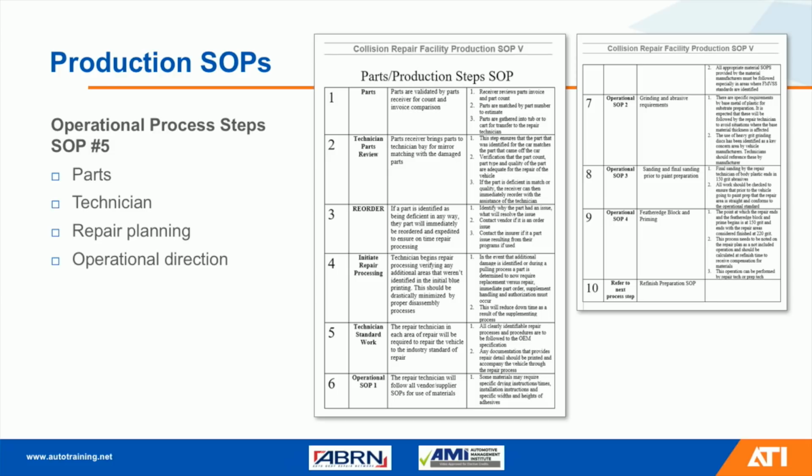Here's what I try to communicate to everybody about your production steps. We can order the parts, all that stuff, that's great, and we can get the parts coming in, but each one of those parts orders, whether we know it or not, there's a lot of steps that are required. There's a cost associated with that. And so if we get all the parts ordered and we've done a really good job with the repair planning, we only do that once, and that means our cost to obtain the parts is less.